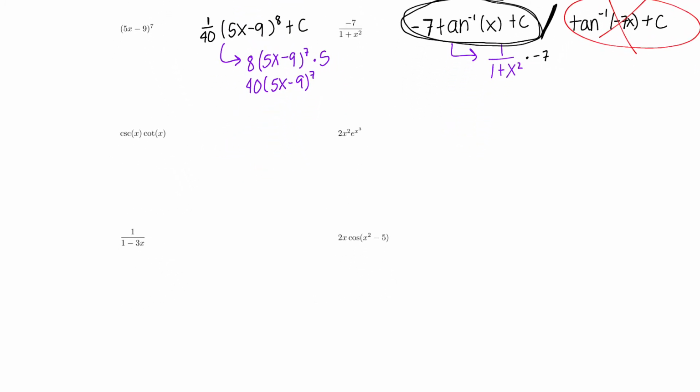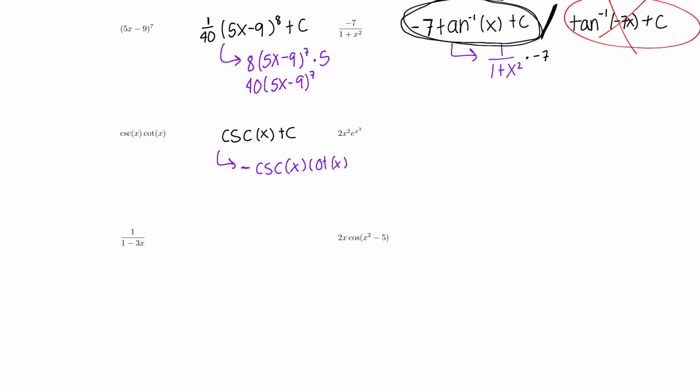I know I didn't tell you to work on these bottom ones, but let's go ahead and go through these. So the one for cosecant, cotangent, we know that cosecant has the derivative negative cosecant cotangent.